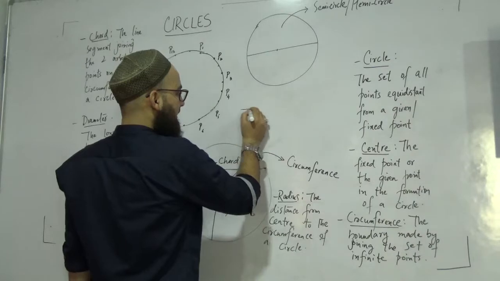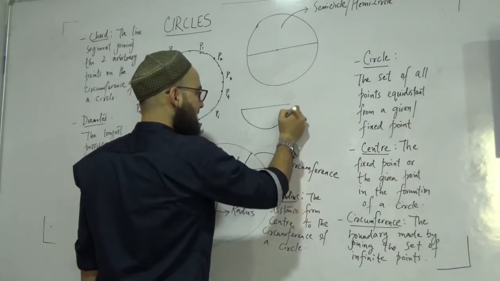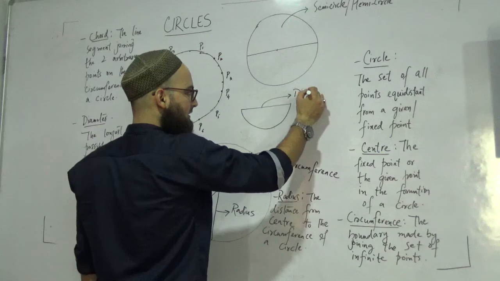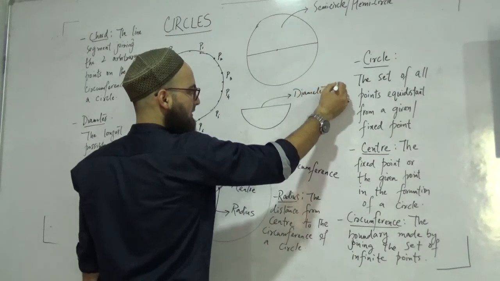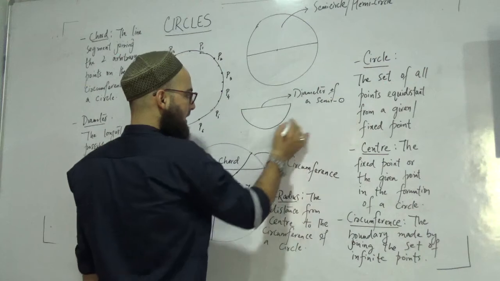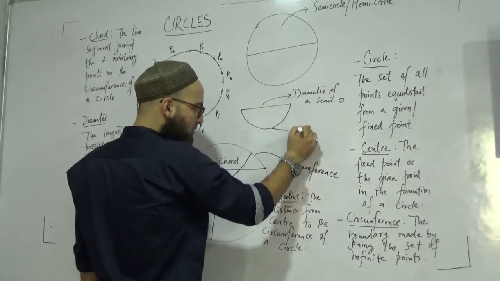Then, suppose this is a semicircle. This is called the diameter of the semicircle. And this is called the arc of a semicircle.